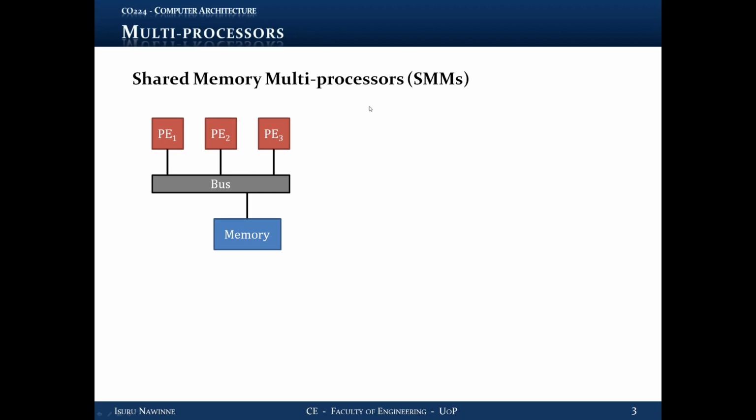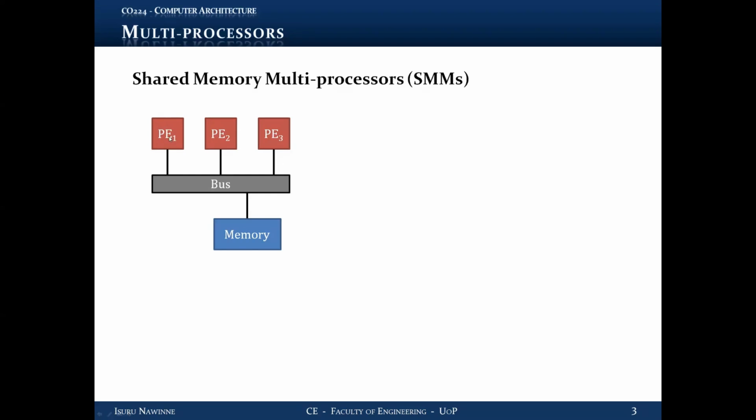So SMMs, for sure, shared memory multiprocessors. As you can see in this picture, you have 3 processing elements, right? Each processing element is a processor, basically a CPU, like we have learned in one of the previous chapters or topics in this course. So you will have instruction fetching, decoding, execution, all those things in a single processing element.